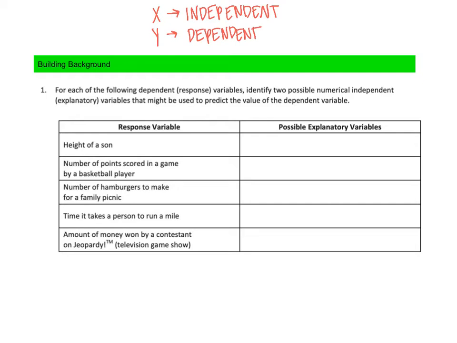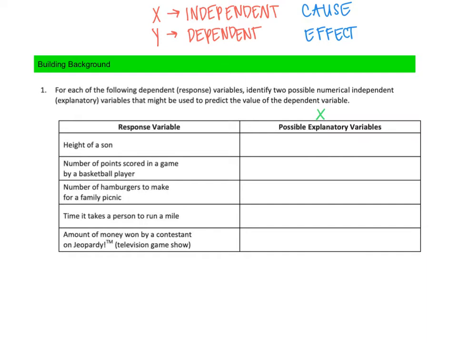Another way to look at this is cause and effect. Sometimes you're given the effect and you have to think of what would the cause be. Sometimes you're given the cause and you have to think what would the effect be. So for exercise 1 right here, we are going to identify two possible independent variables that might explain this. So what might explain, we're looking for x variables, the height of a son?